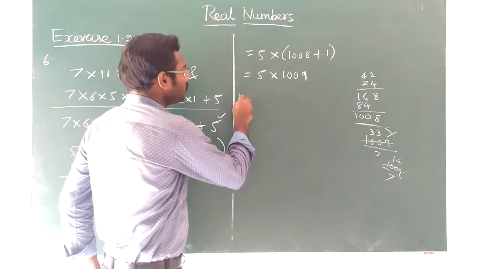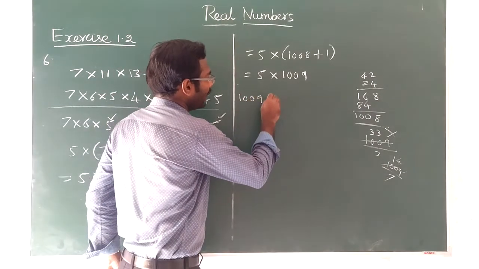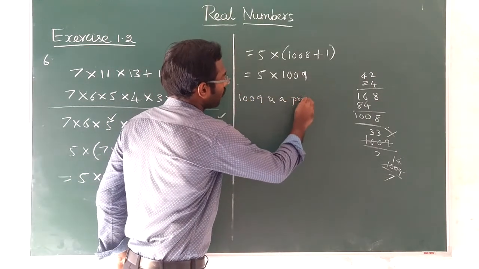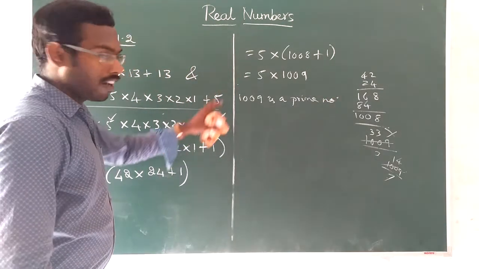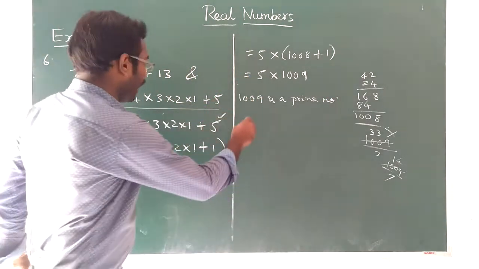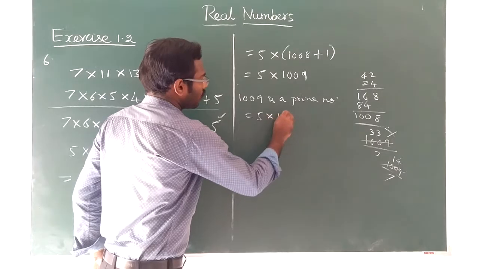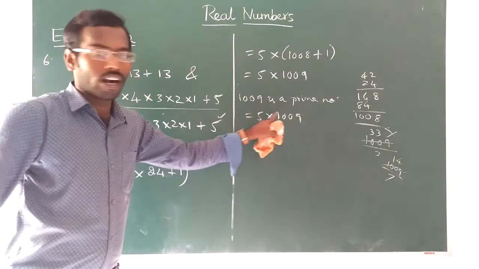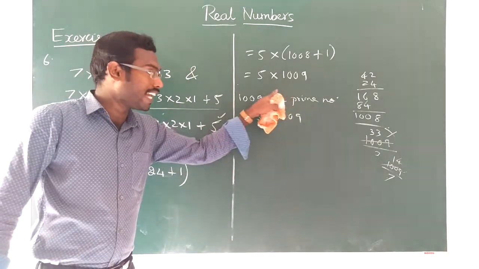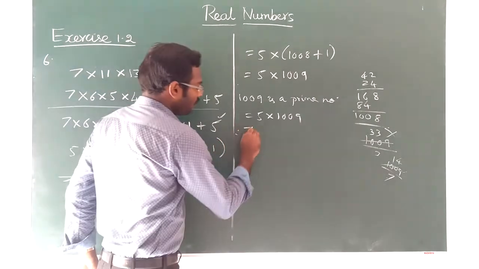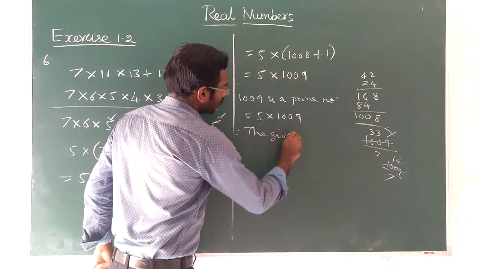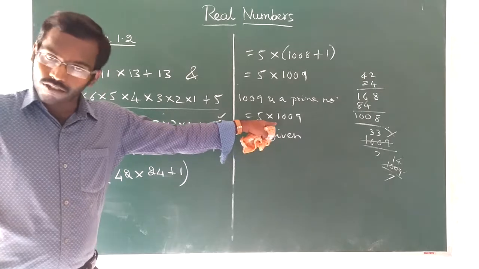Therefore, 1009 is a prime number. Okay. Therefore, the answer is equal to 5 into 1009. This is a product of primes because 1009 is a prime number. Therefore, the given number is expressed as a product of primes.